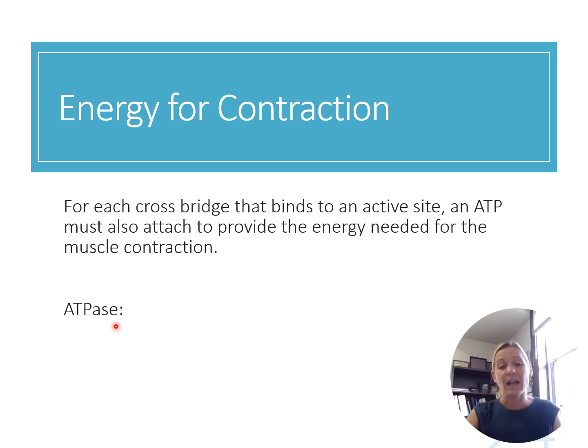Somebody that has a fast ATPase is going to be quicker and more powerful than somebody like me who has a slow ATPase, and they're not going to be able to generate that force as quickly. So let's take a look at that as it relates to the speed of ATPase. That will determine in part our muscle fiber type.